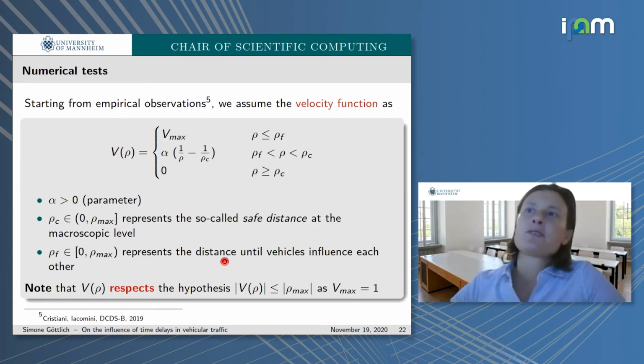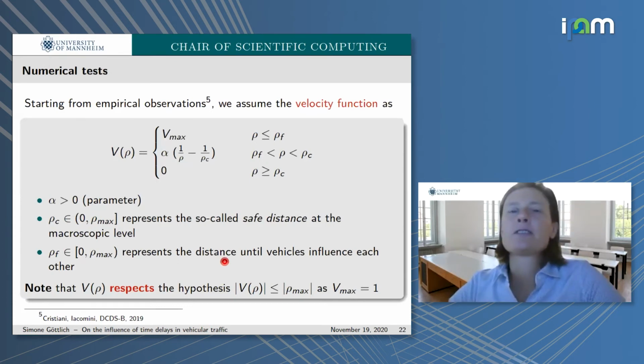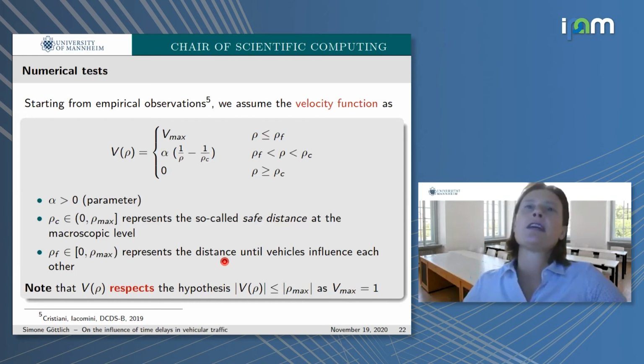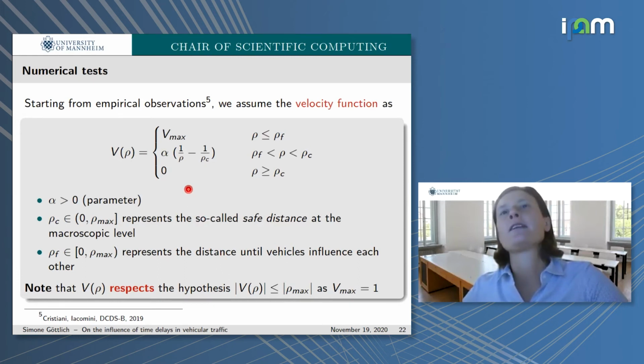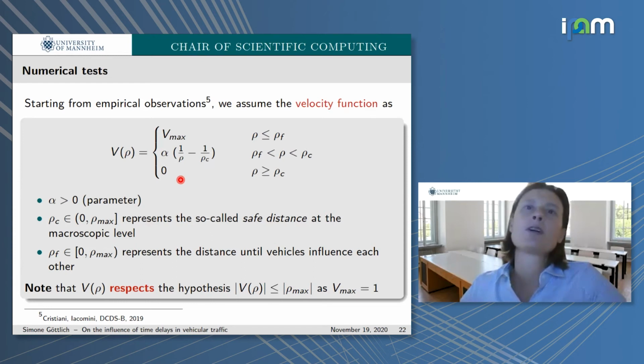Starting from some empirical observations in a paper by Cristiani and Iacomini, we assume the velocity function v of rho has three cases: v max, some alpha times 1 over rho minus 1 over rho c, and the zero case. Alpha in this special situation should be a parameter. You see there are actually two density thresholds.